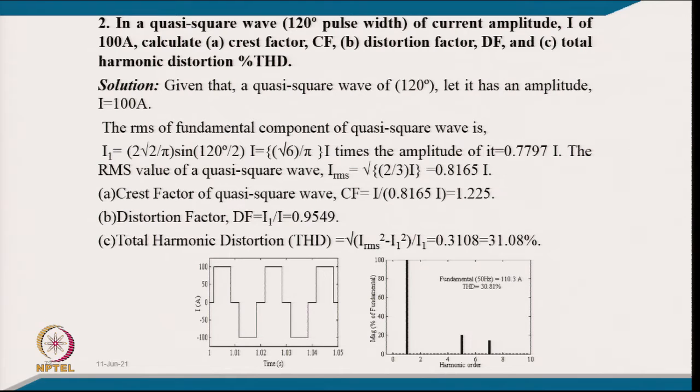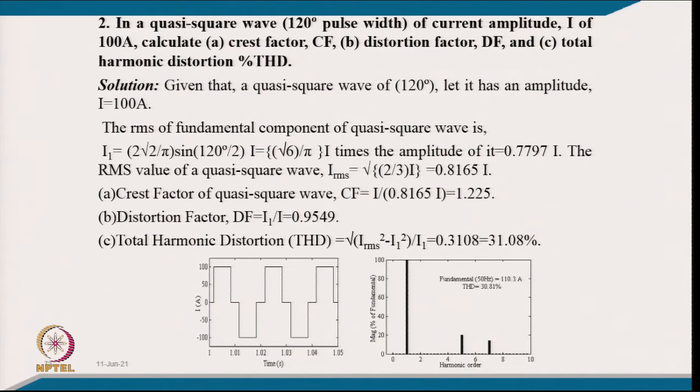If you derive the formula, it becomes root 6 upon pi into I, the amplitude, and root 6 by pi is typically 0.7797 I. The RMS value of the quasi square wave, I RMS, is equal to root 2 by 3 times I, since it is 120 out of 180 degree, that is why it is 2 by 3 and the root of this, times I.